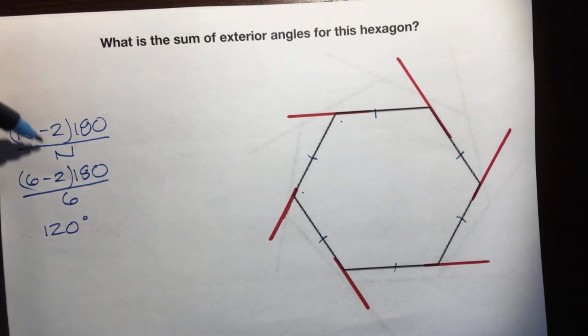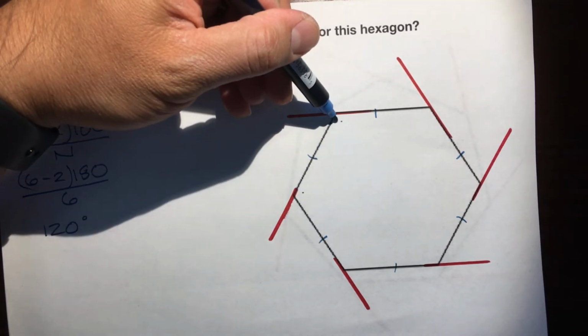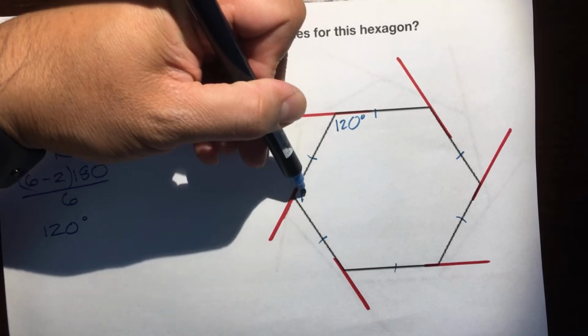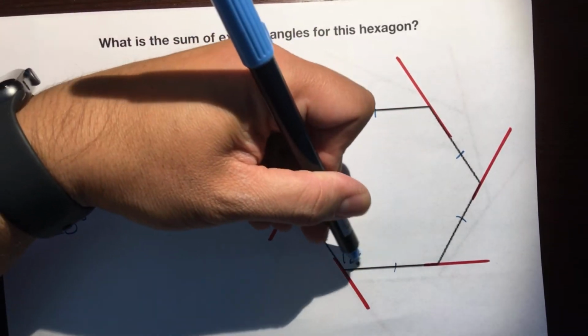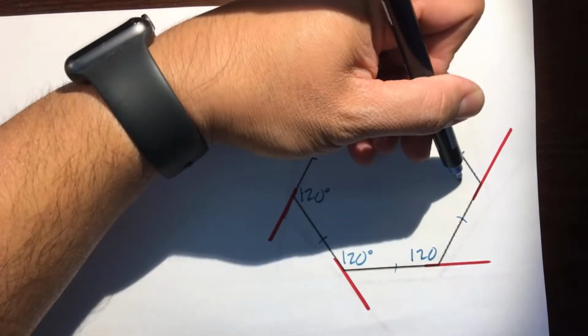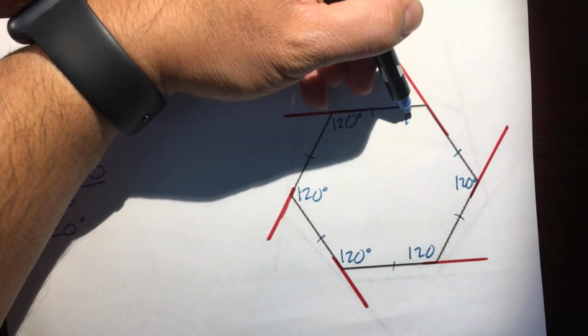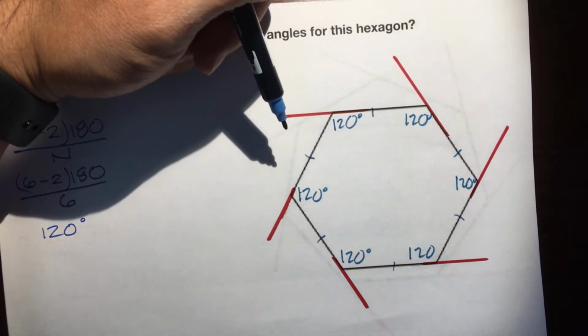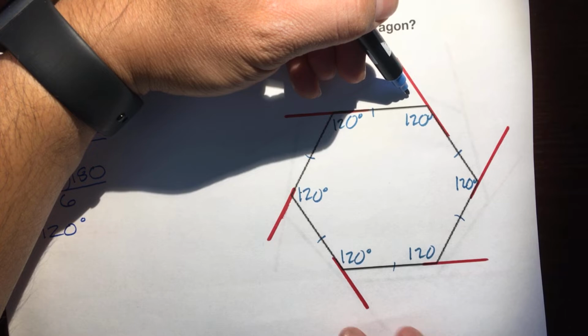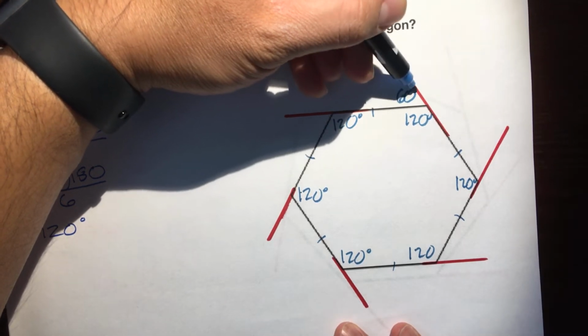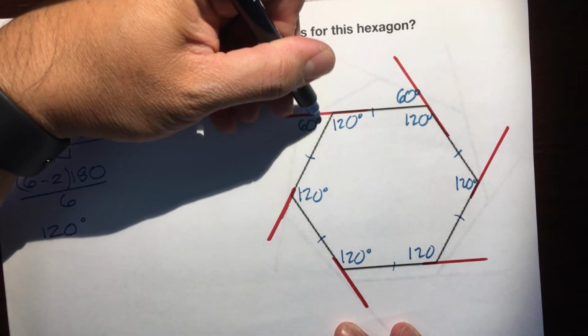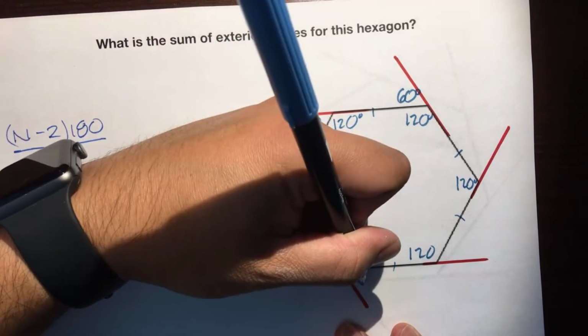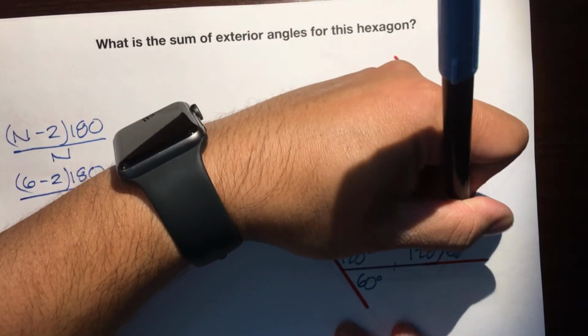I used the same formula and plugged in the number of sides, and I found out that each of these interior angles is 120 degrees. Because these angles are 120 degrees and supplementary, we can figure out that each of these exterior angles is 60 degrees.